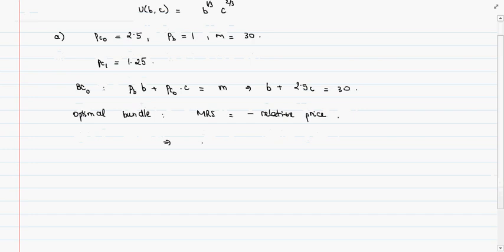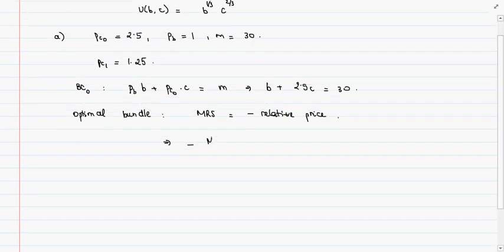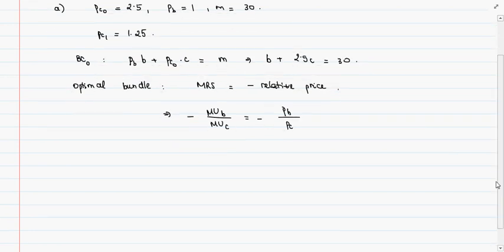Marginal rate of substitution is just negative of the marginal utility of B over the marginal utility of C. And because I use B over C, that's why the relative price has to be PB over PC. In this case we are doing the original price, so PC0.